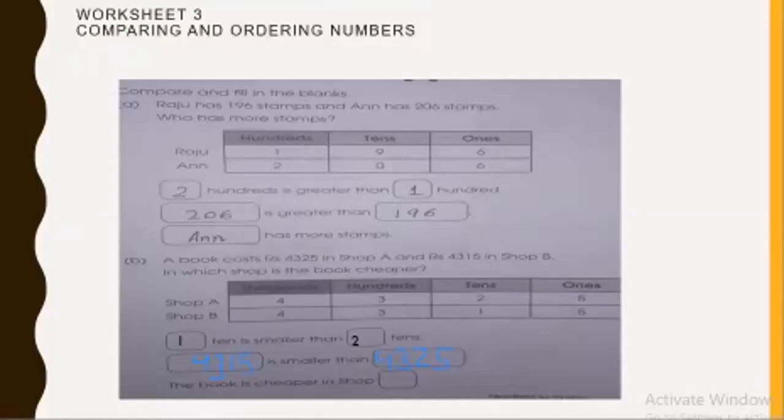After writing it, you know the answer, that this book is cheaper in shop B. I know that my students know the answers by themselves, so I am going to skip this part. You are going to solve it by yourself. Okay, easy? I'm sure that you all understand it. Well, let's move to the next slide.